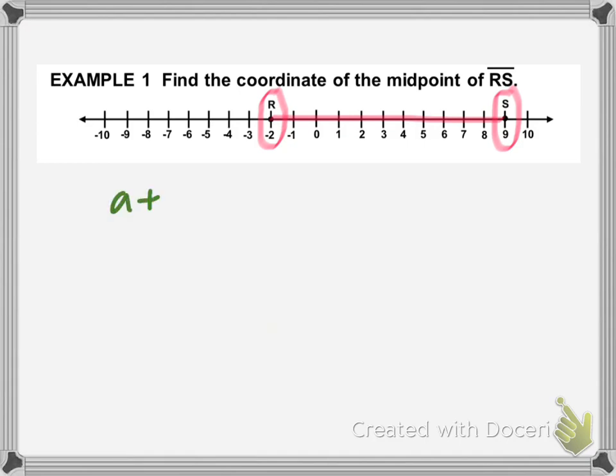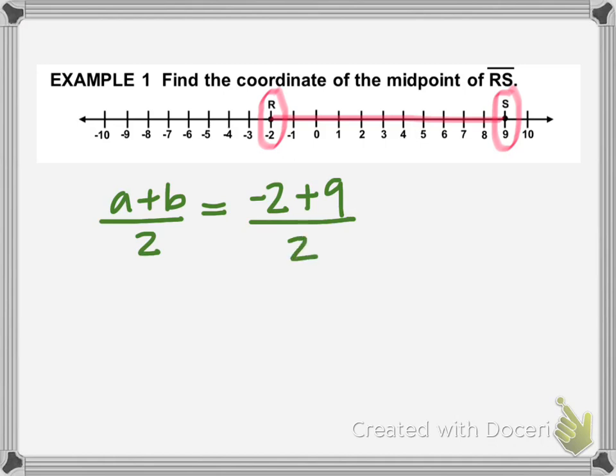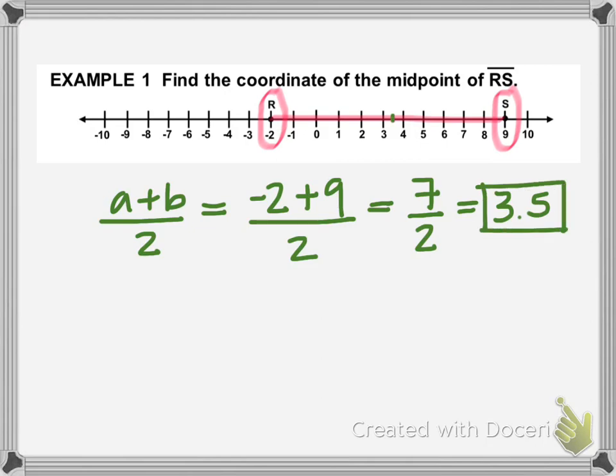So remember it's A plus B divided by 2. Our two values of our endpoints are -2, and we're going to add that with +9, and then we're going to divide that by 2. -2 plus +9 is 7, and then if I divide that by 2, I get 3.5. So this should be the location, right about here, of my midpoint.